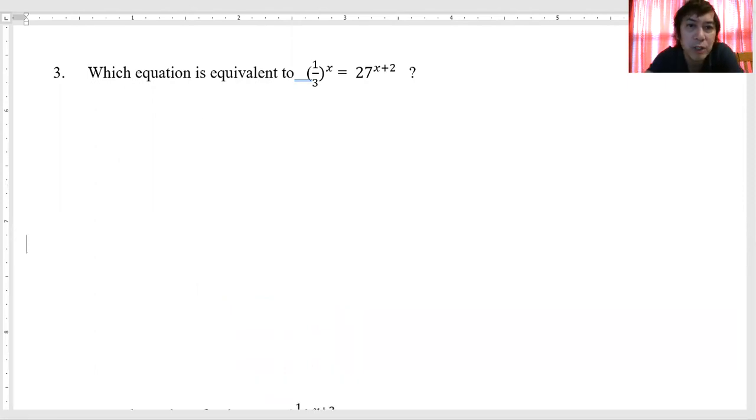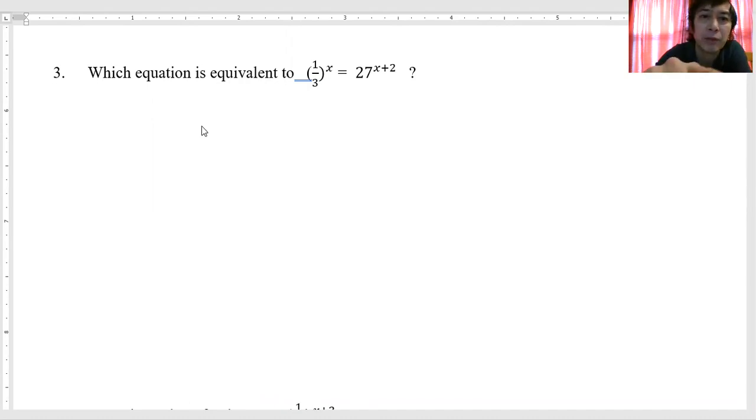Which equation is equivalent to, the base here is 1 over 3 raised to x equal to 27 raised to x plus 2. Again, we encounter power of 3 here, the 3 and the 27.